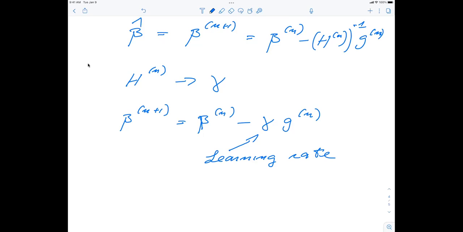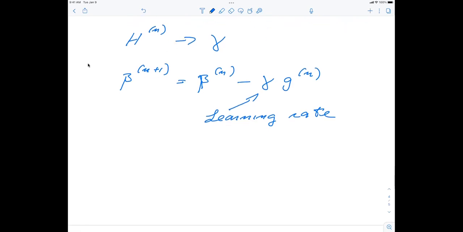And in order to get some insight here, we can see if we can relate this to the Hessian matrix. So let's take a small detour. Let's expand the cost function C around beta of n, this specific value, minus gamma times g of n.